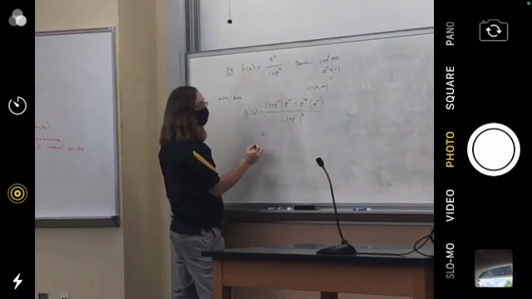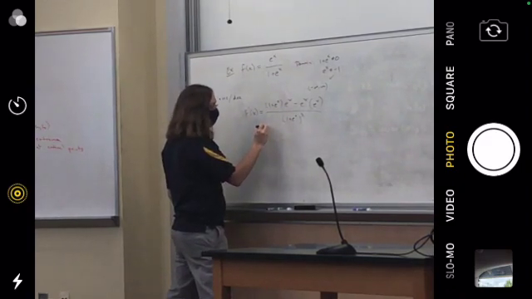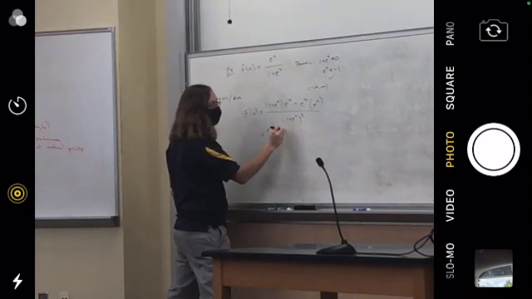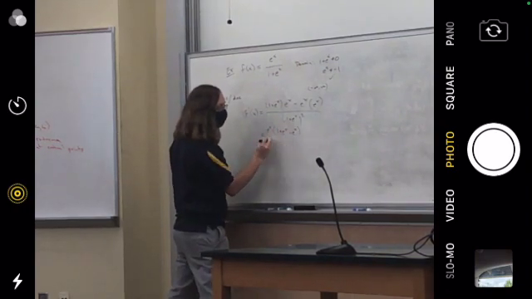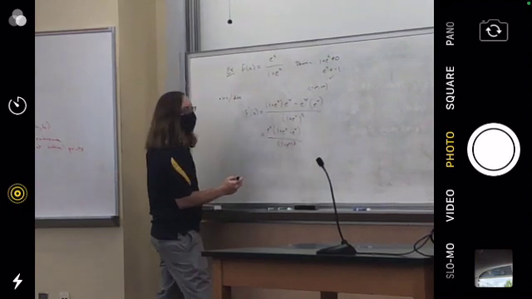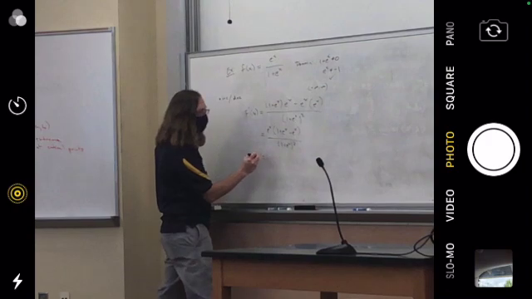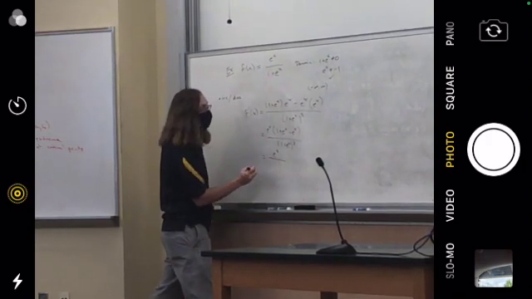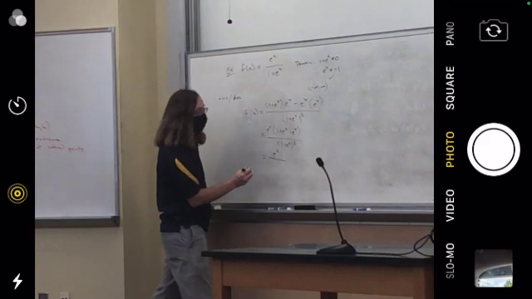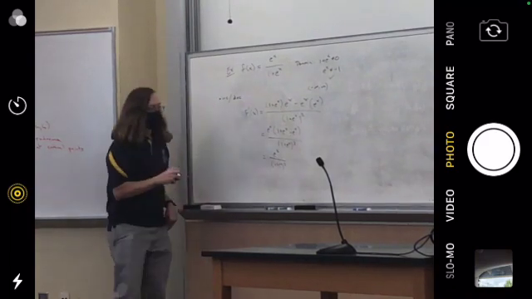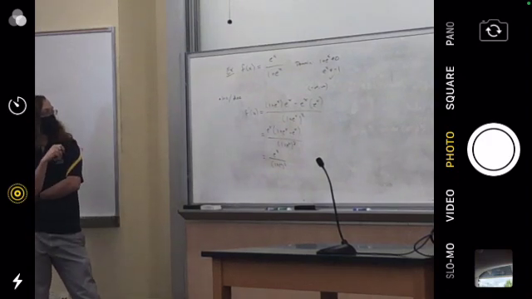So I get what? If I factor out e to the x, I'm left with 1 plus e to the x minus e to the x over this. So I end up with, let these cancel, so I just get e to the x divided by 1 plus e to the x, all squared.